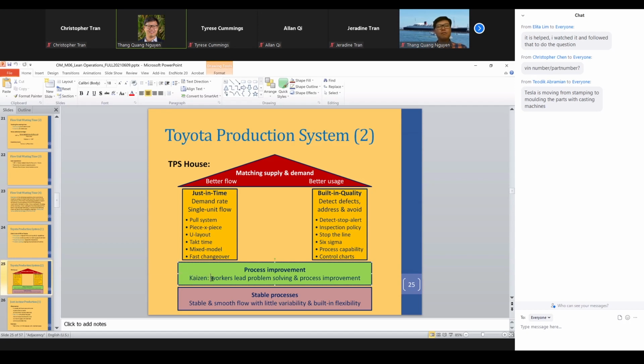And to do that, the workers know best, right? Because they work with the cars, they are the front line, they know what is going on better than the managers. So the workers will lead the problem solving and process improvement, right? And again, the implication is if you are the manager, you should find a way to mingle with the workers, okay?